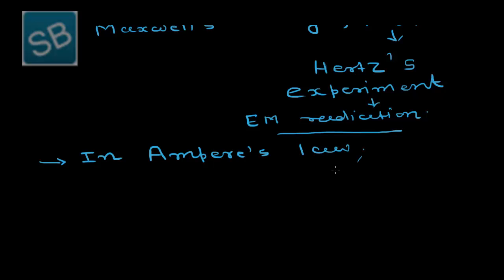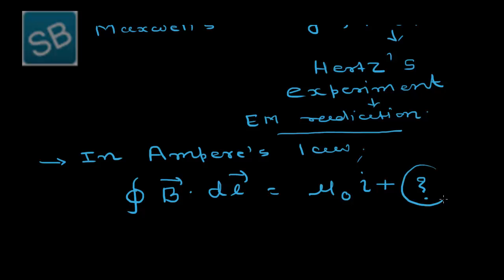The term which was missing in this equation, closed integral B dot dl is equal to mu 0 I, where I is the conduction current, plus something was missing, and that was according to Maxwell's opinion. And Maxwell called this missing term the displacement current.